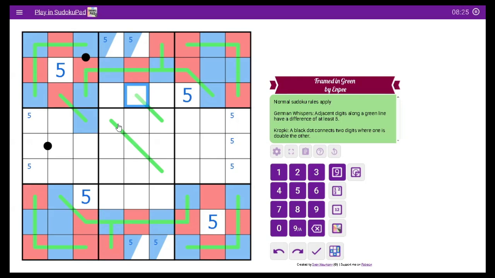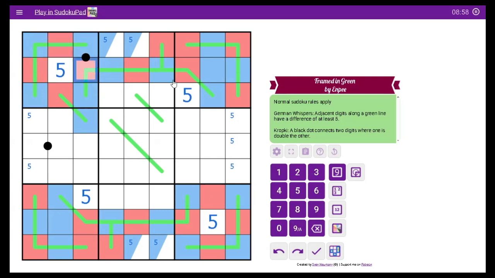They are critical digits, I will call them, in the German whisper space, because wherever you put a 4, the next digit on the German whisper line must be a 9, because that's the only one that differs by 5. And the 6, likewise, the only digit that goes with a 6 is a 1. So for instance, you would not be able to put a 6 here, because that would mean double ones here and here on either side, which would break it. Likewise, you can't put a 4 or 6 there because that would put double nines or double ones there.